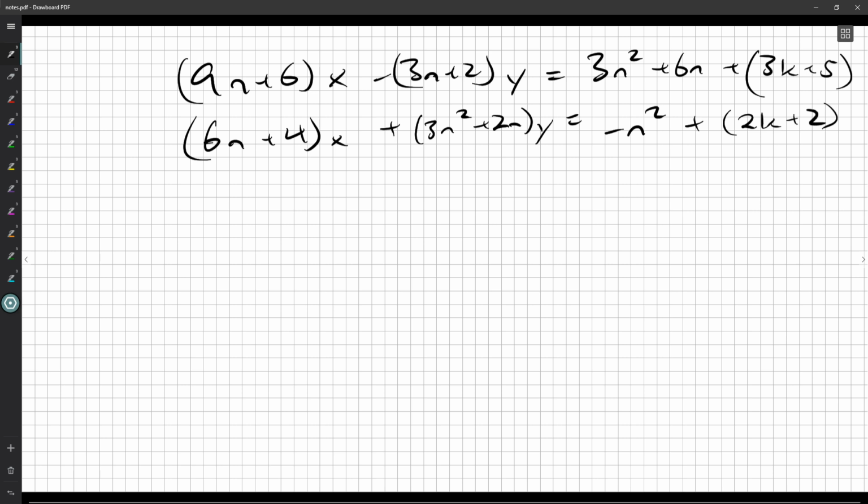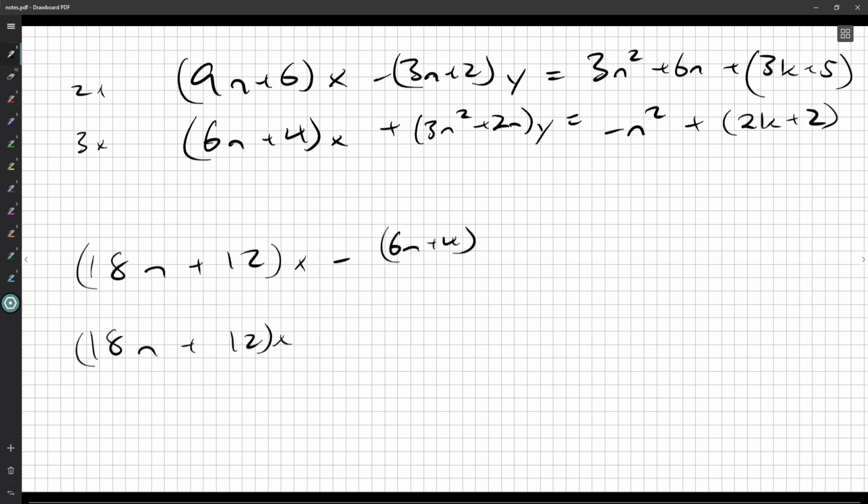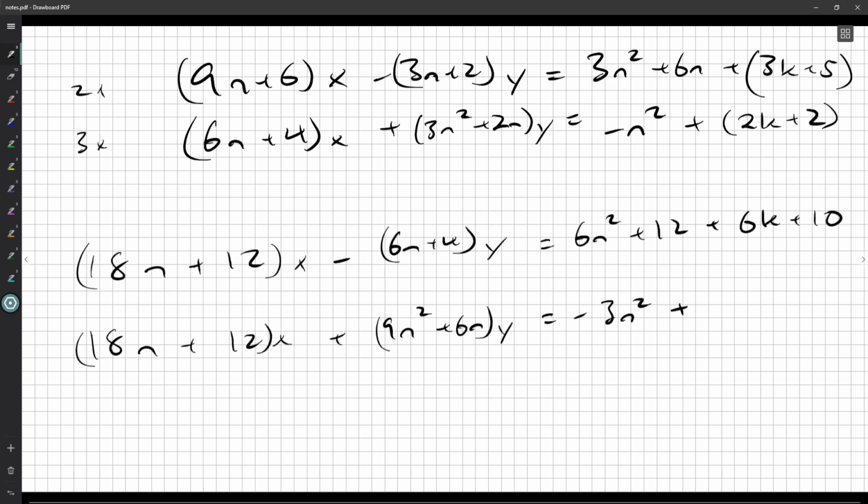Okay, well, let's start with the x's first. So if I multiply the bottom by 3 and the top by 2, 18n plus 12x, minus 6n plus 4y, plus 9n squared plus 6ny, 6n squared plus 12n plus 6k plus 10, minus 3n squared plus 6k plus... Oh, the k's are going to cancel each other out.